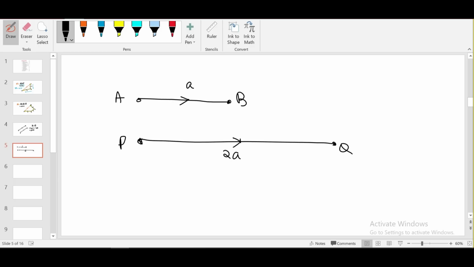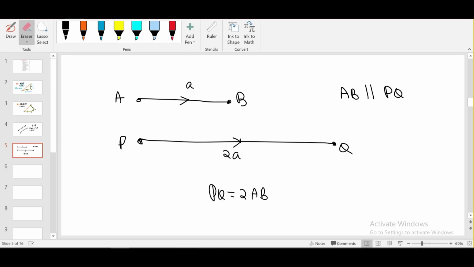If one vector is a scalar multiple of another vector, you see AB is a, but PQ is 2 times AB, because 2a. If one vector is a scalar multiple of another vector, they are parallel vectors. AB is parallel to PQ. You put these two lines, that means they are parallel.